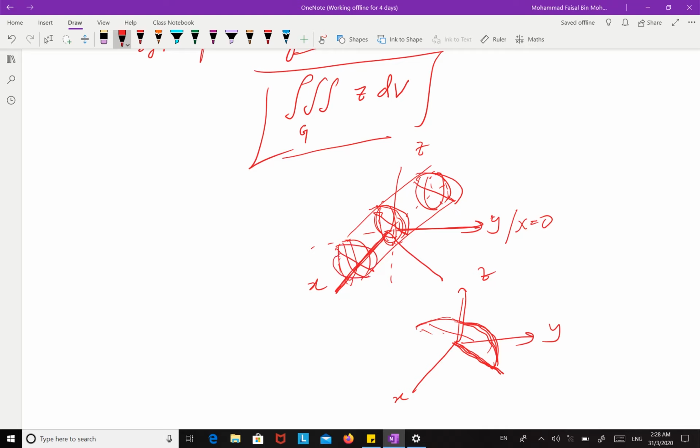Okay, so that you can see. Then we have x equals 0, y equals x, so we draw another one here so that you can get exactly the curve.